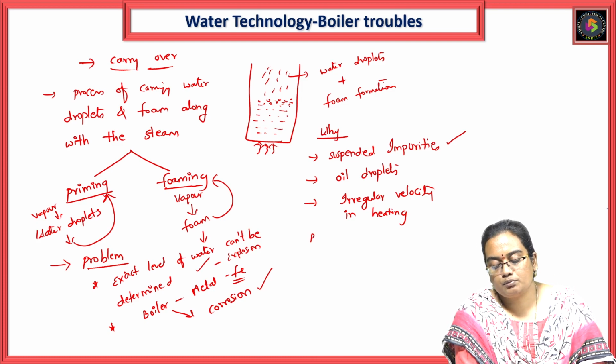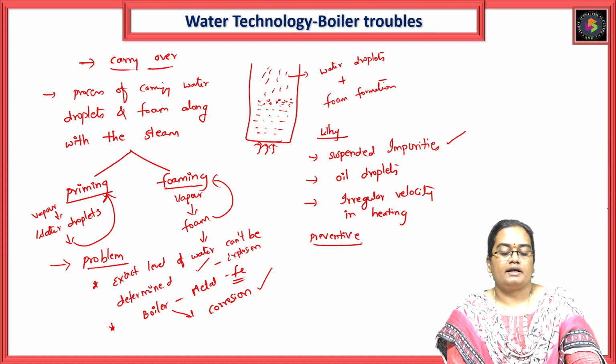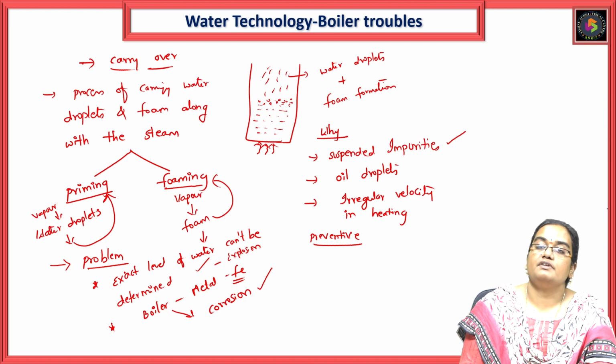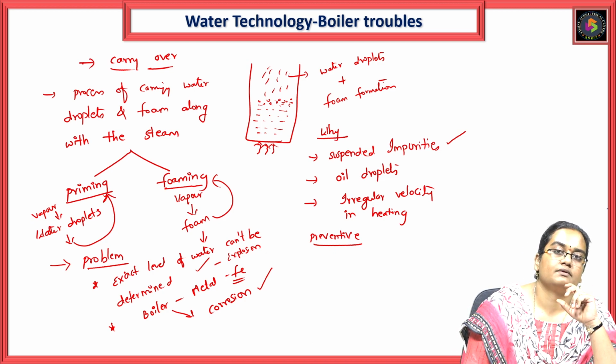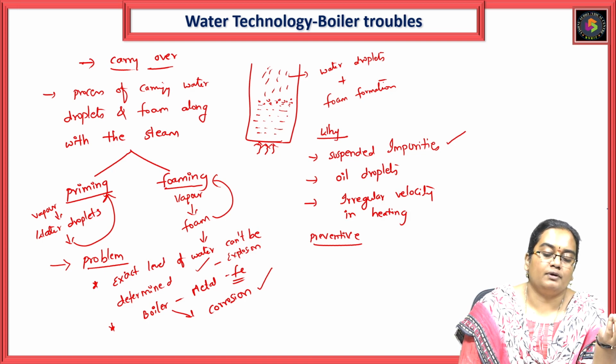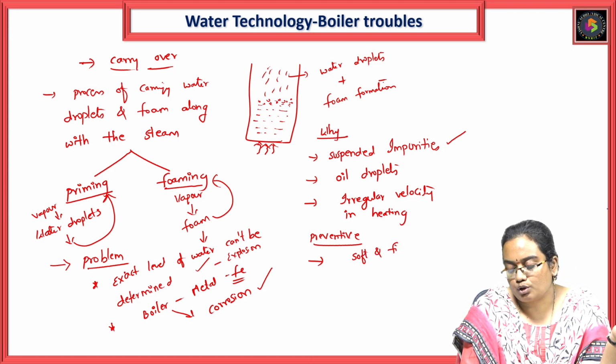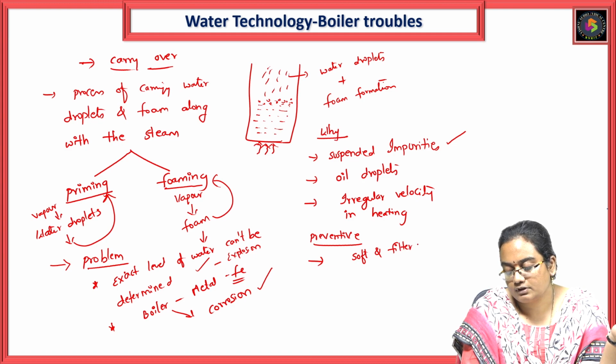That means preventive measures. What are the preventive measures? How to control this carryover problem: suppose if there are no suspended impurities, automatically there is no carryover problem. So we need to take soft and filtered water for boiling.